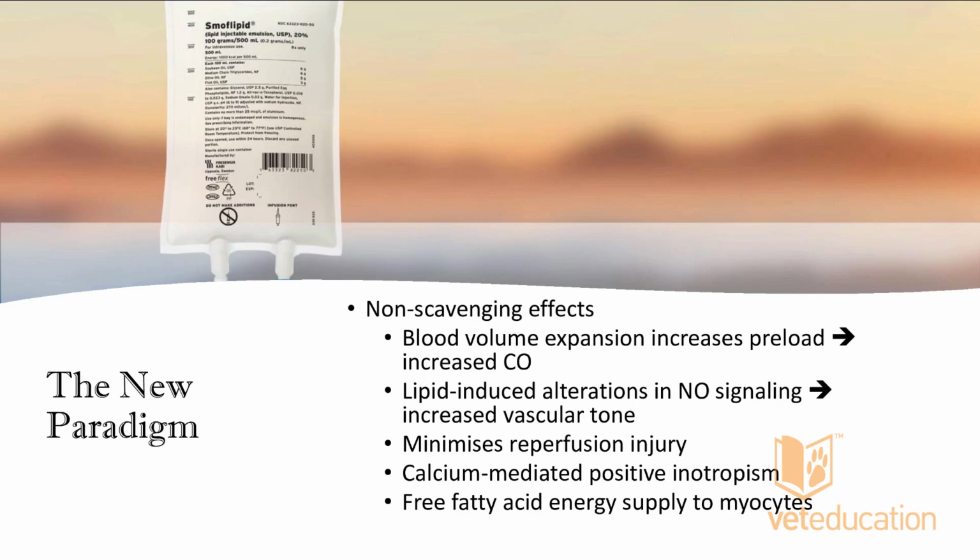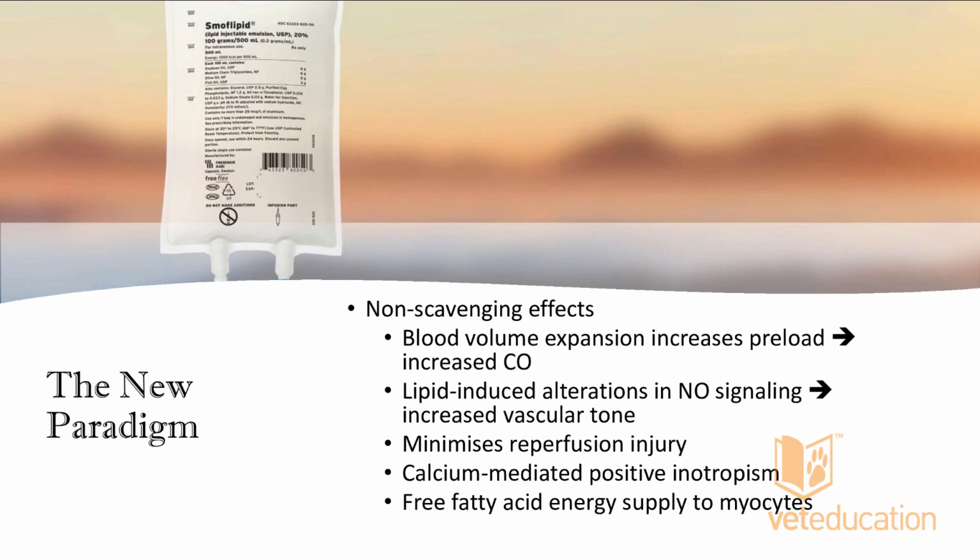All right, so when we give a bolus of intravenous lipids, we get an increase in blood volume, and that increases preload in the heart and has a non-specific side effect of increasing cardiac output. Because we stretch the myocytes, we get a much stronger contraction in systole than we do without preload expansion. So that mild preload expansion can help improve cardiac output.